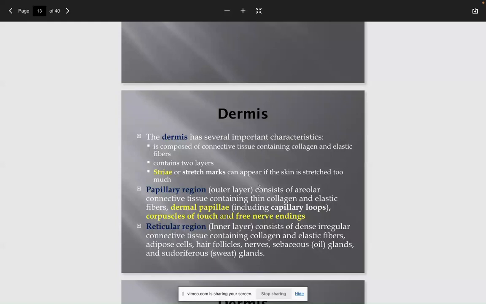It's also going to contain these two layers. It's responsible for the formation of striae, or stretch marks, which can appear here if it's stretched too much. There's a papillary and a reticular region, which are the two layers we previously discussed. The papillary layer contains these dermal papillae, which contain the capillary loops. This is responsible for touch.